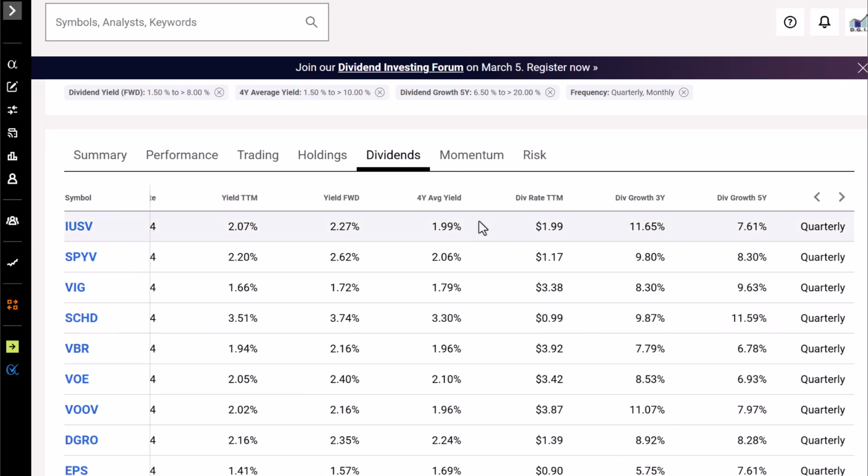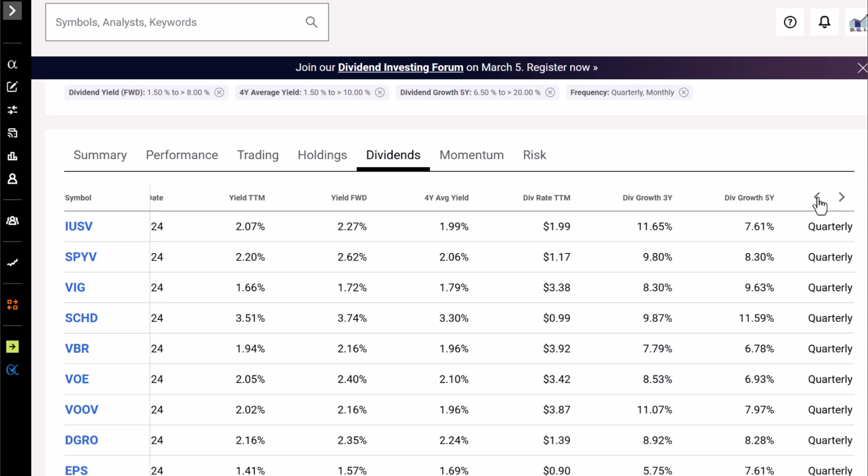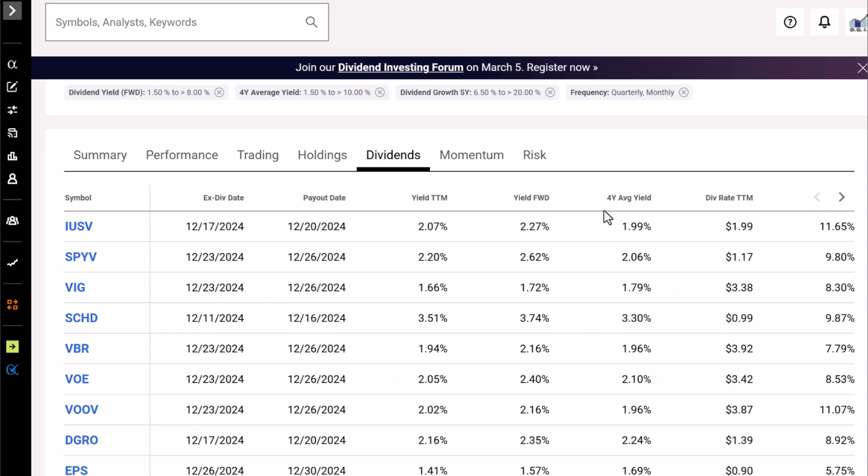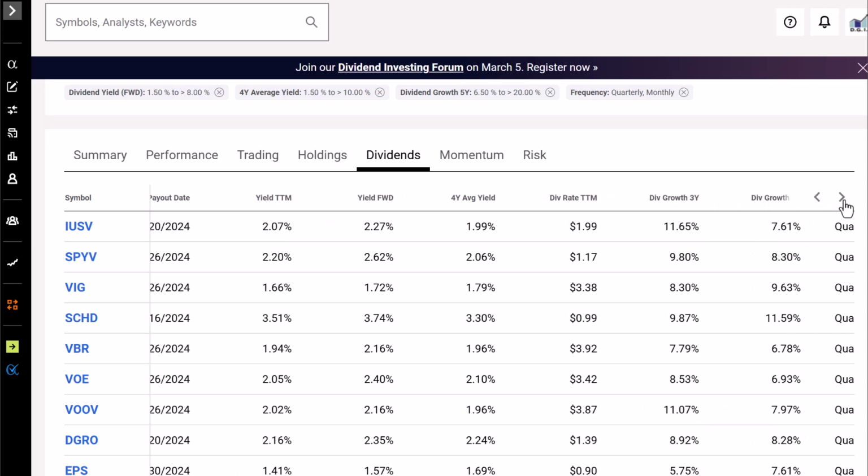Another thing you can take a look at are these different metrics when it comes to the dividend. You'll see the ex-dividend date, the last day that you'll be able to qualify for the next dividend payout. You'll be able to see the forward dividend yield, the 4-year average dividend yield, and all of those metrics that are important to you.